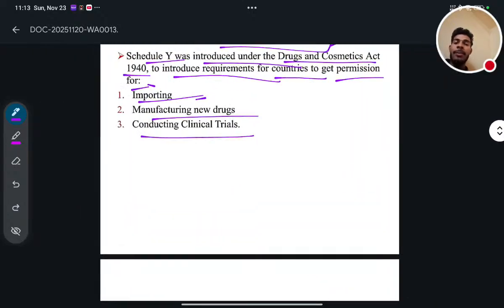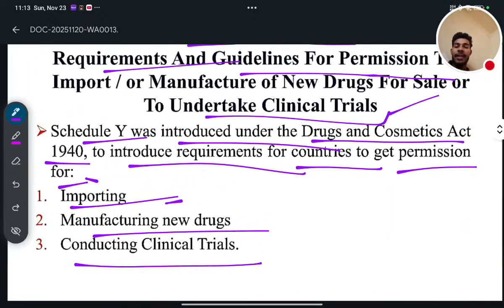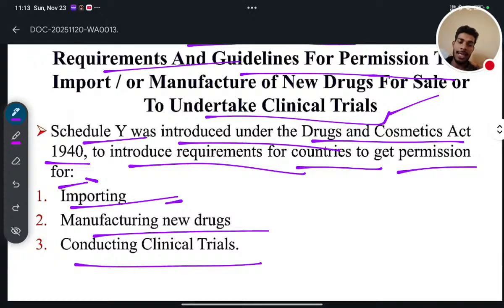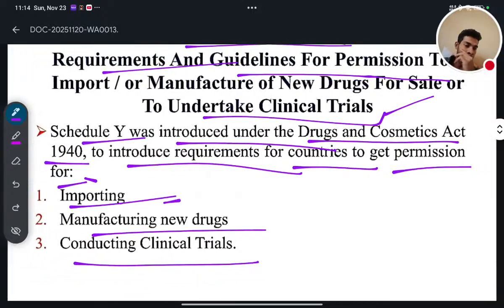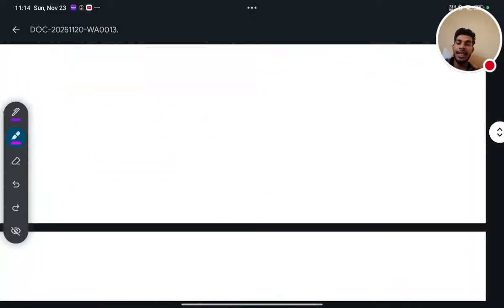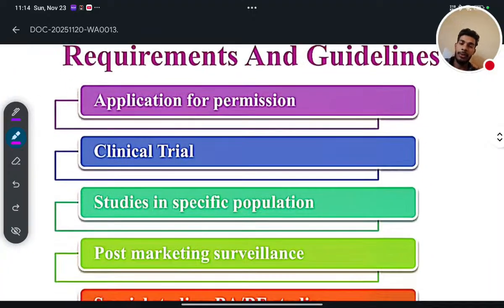What are they? Importing, manufacturing, and conducting the clinical trials. So Schedule Y was introduced to get permission for three things: importing a drug, manufacturing a new drug, or conducting clinical trials on a new molecular entity.